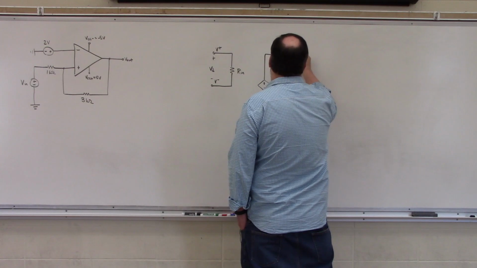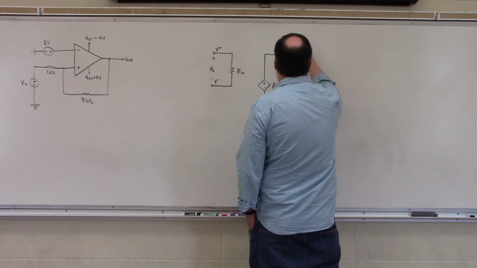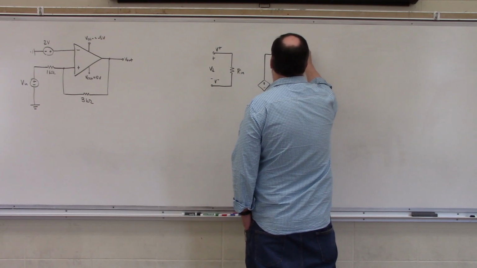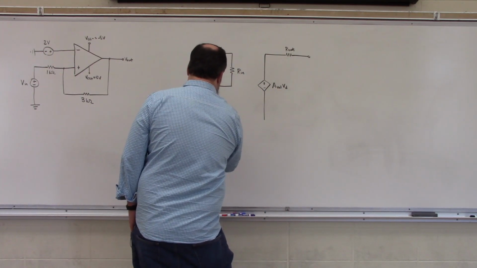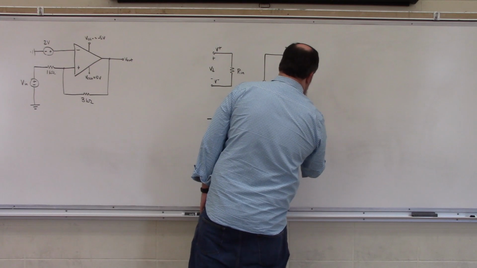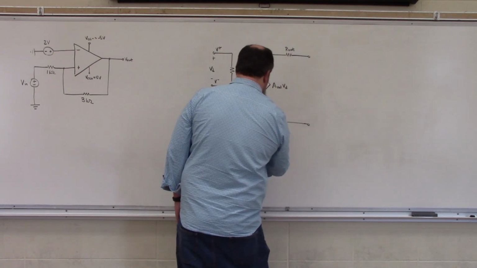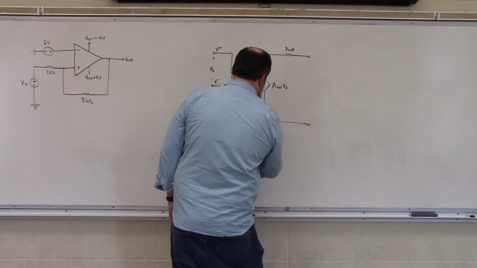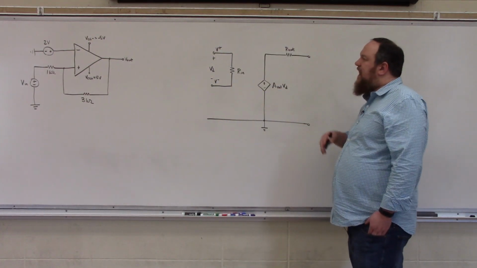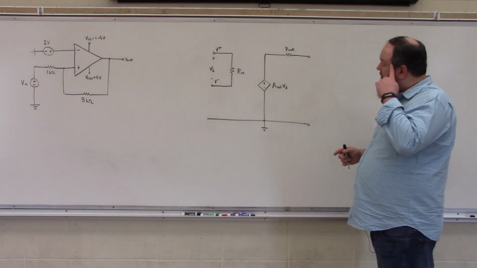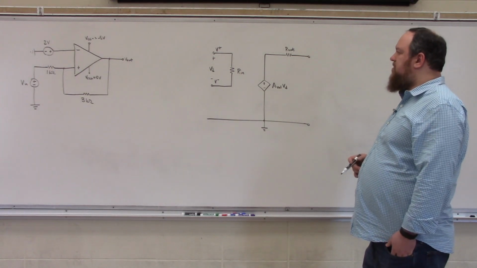And then this is in series with our output resistance, Rout, and finally we have a ground connection that is our reference point for our circuit. So this is the practical op-amp model. Now we need to connect the other components that we have here in their appropriate places.